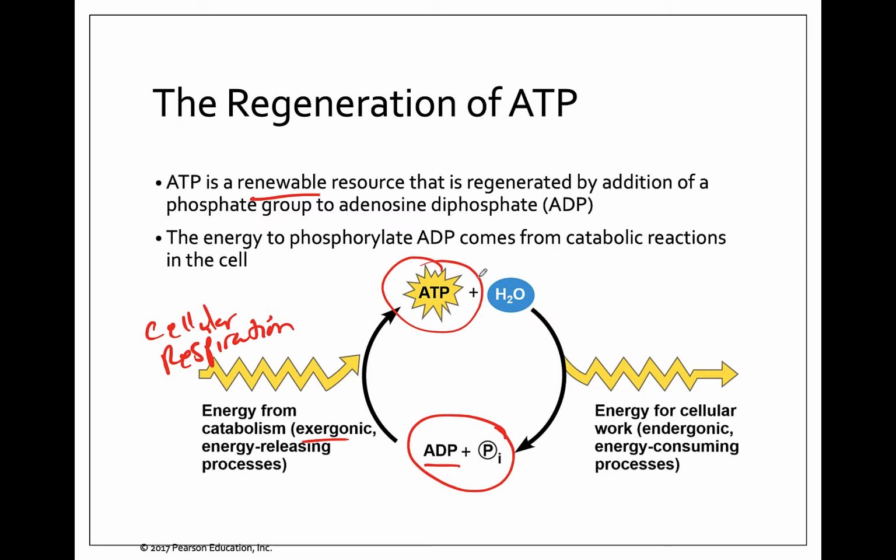And then those ATP molecules can be used to release energy for more cellular work, so transport or mechanical or chemical work within the cell, which leaves us again with ADP and phosphates.